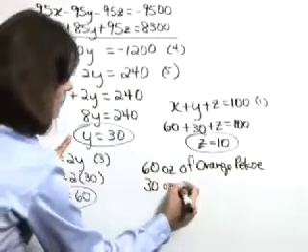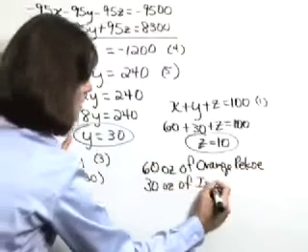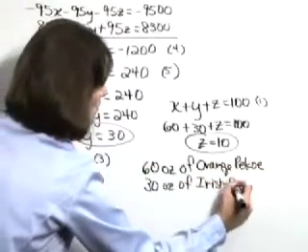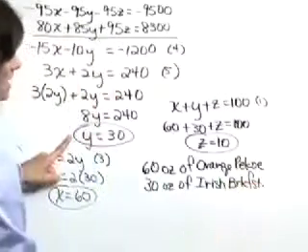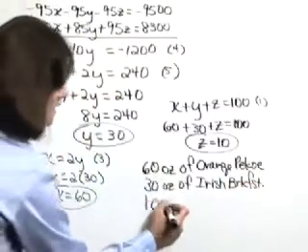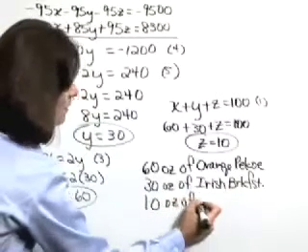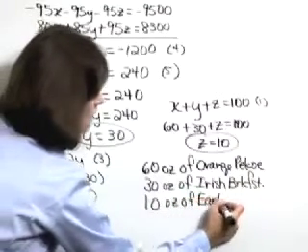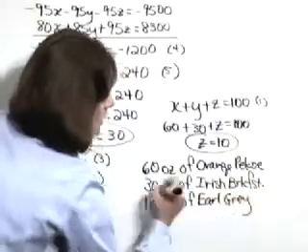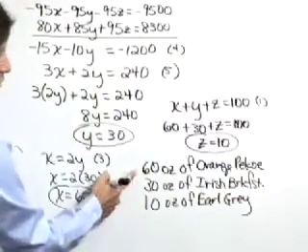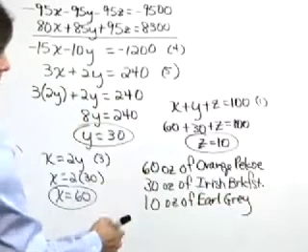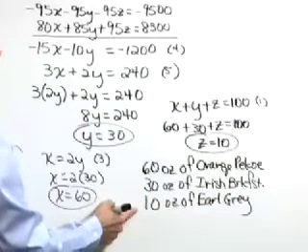So 30 ounces of Irish breakfast. Lastly, 10 ounces of Earl Grey. And so let's state our answer very clearly. 60 ounces of orange pekoe, 30 ounces of Irish breakfast, 10 ounces of Earl Grey.